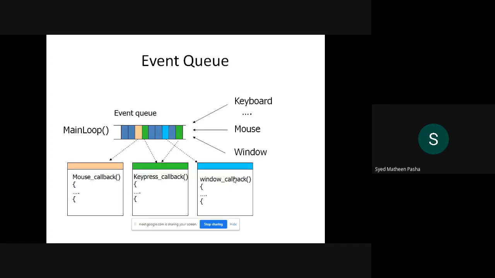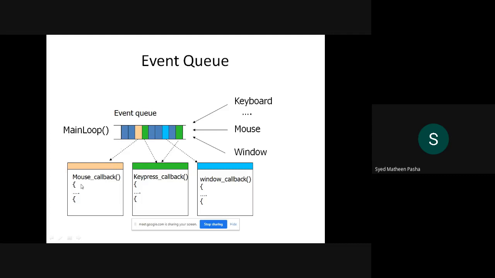Then there is one more concept called the event queue. Suppose there are 3 events happening: a keyboard event, a mouse event, and a window event. In the event queue, this doesn't happen all at once. It keeps on executing one by one.